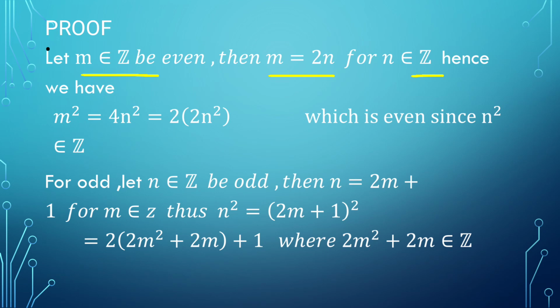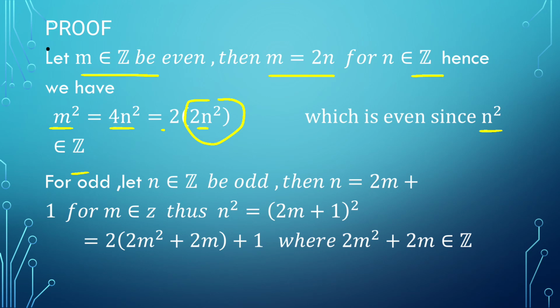That's what we want to show. So m squared equals 4n squared, which by definition is 2 times something, and that's the reason we are breaking it this way. And that implies what? Since n squared is an integer, it will imply that m squared is even.